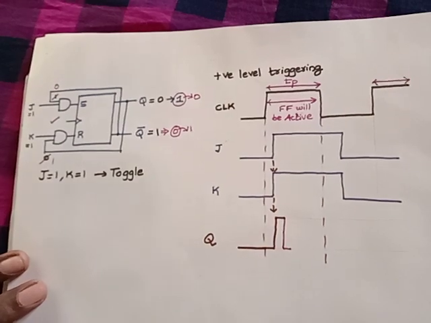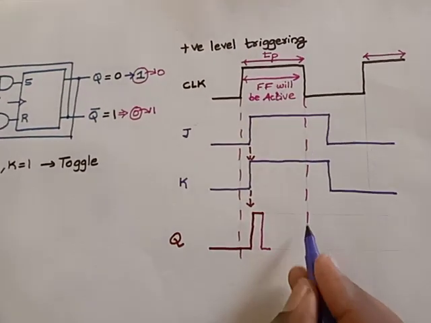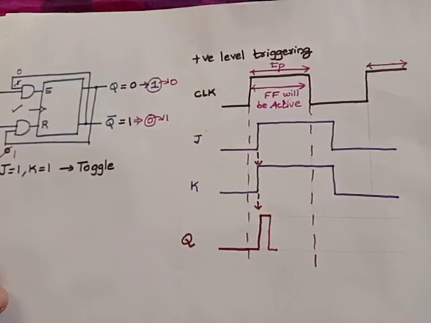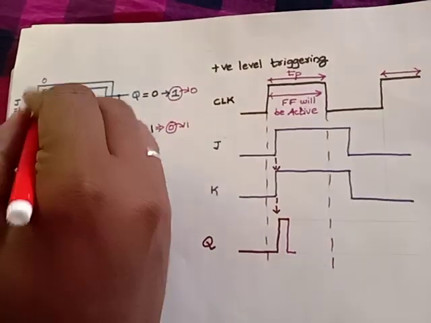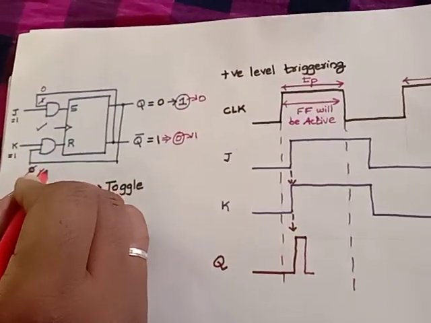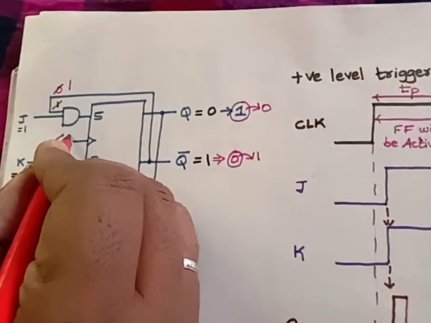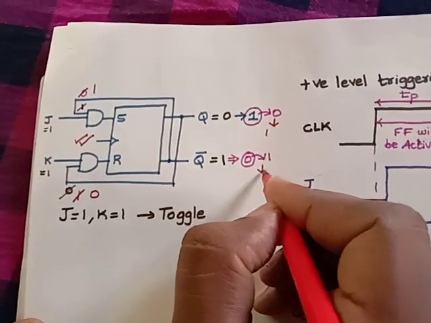Again, we look at whether the flip-flop is in active state. I told you up to this pink line the flip-flop is still active. Now this 0 will be going back to your input again, and this 1 will be going back to input. So now this 1 becomes 0, and this 0 becomes 1. Again the flip-flop is in active state, so now this 0 gets changed to 1, and this 1 gets changed to 0.